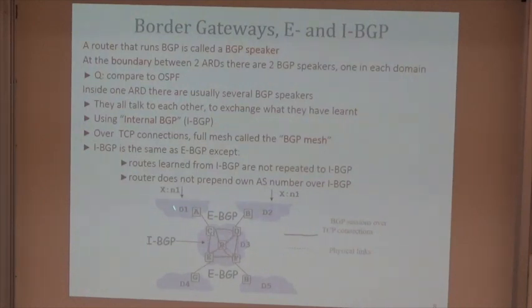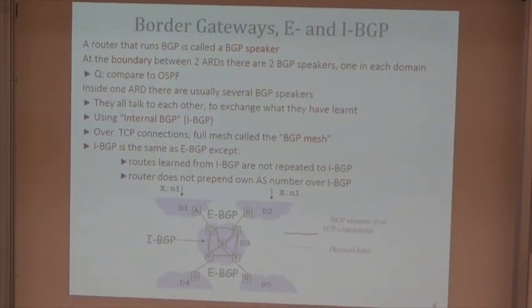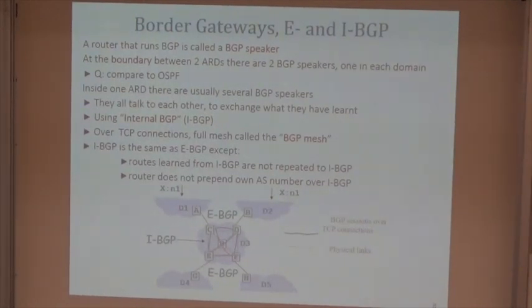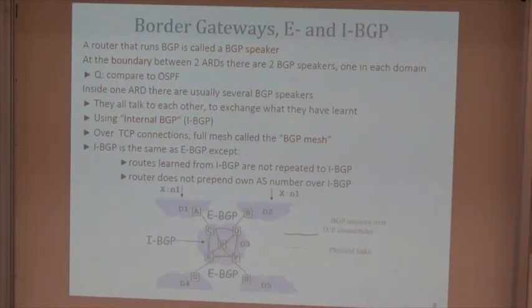So if D1 is connected to D3 here, domain D1 and domain D3, if they use BGP, which is the normal case, they need to have each of them their own BGP router. And the only thing they have in common is a link between the two. This is consistent with the idea that we live in a self-organized world. D1 connects to D3. They want to share as little as possible.